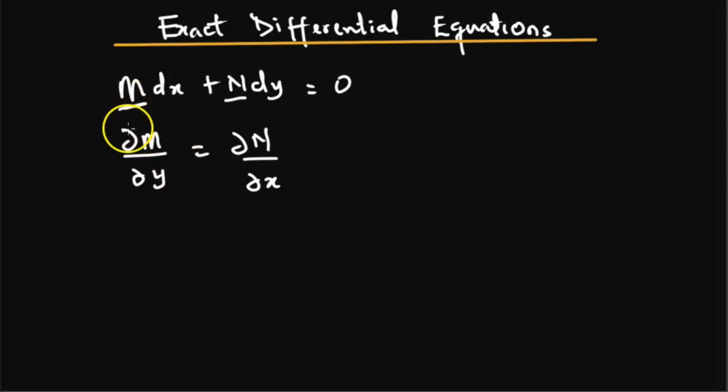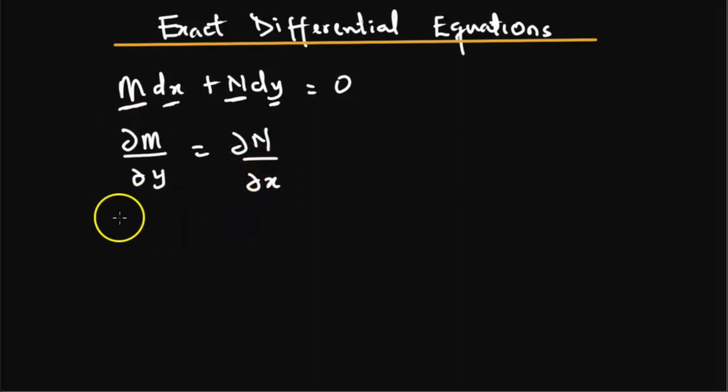So the trick is, when you have M, you differentiate partially to the opposite of what you have here. What you have here is x, so you differentiate partially with respect to y. And when you have N, you differentiate partially to the opposite of what you have here, so you differentiate N partially with respect to x.